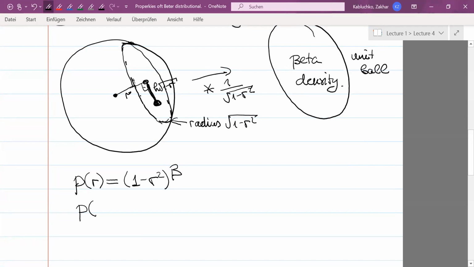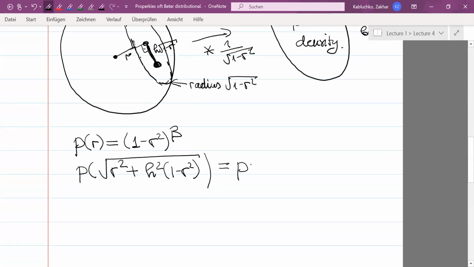Then the density at this point x is given by p of the square root of r squared plus h squared times 1 minus r squared, right? So that distance is the square root of this distance squared plus this distance squared.